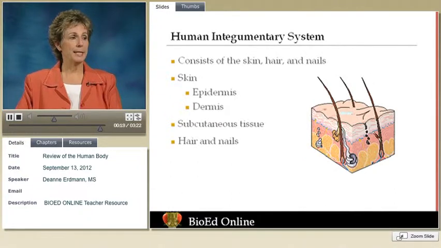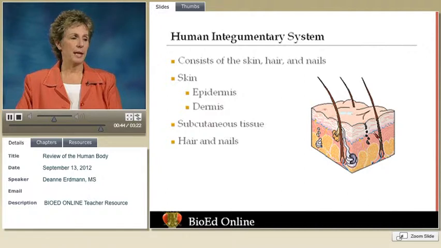The integumentary system, we mentioned before that the skin is the largest organ in the body, makes up about 15% of your body weight. It's your first line of defense, and it consists of the skin, the hair, and the nails. The skin, the epidermis, is the outside. It's really thin, about like a sheet of paper, and it's the outer surface.